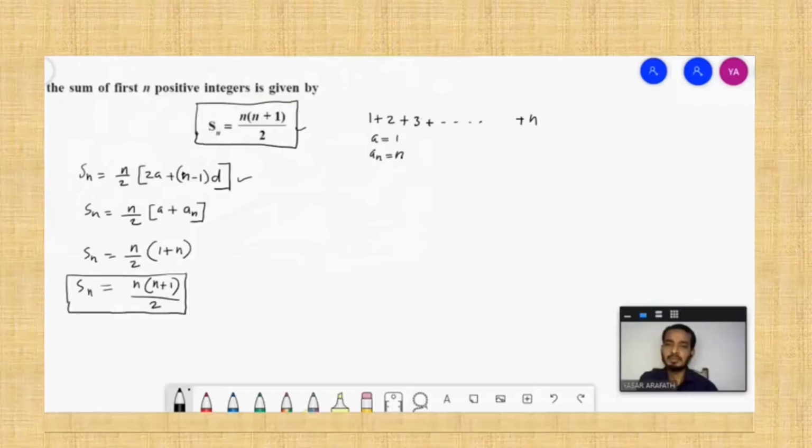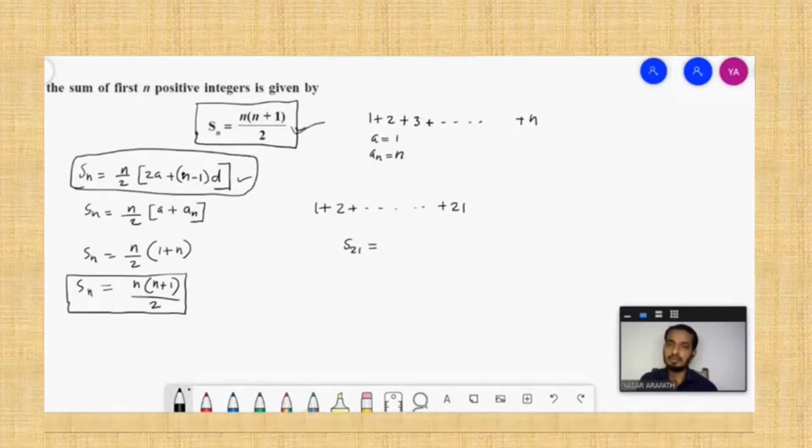So for an example, suppose you want to find the sum of the first 21 natural numbers, 1 plus 2 plus etcetera plus 21. Okay, so S21 is equal to, you don't have to use the earlier formula. It is enough to use this one. Here n is 21, so 21 into 22 by 2.